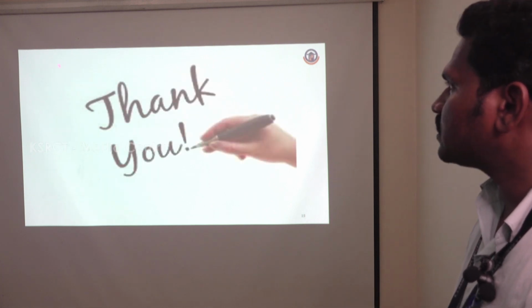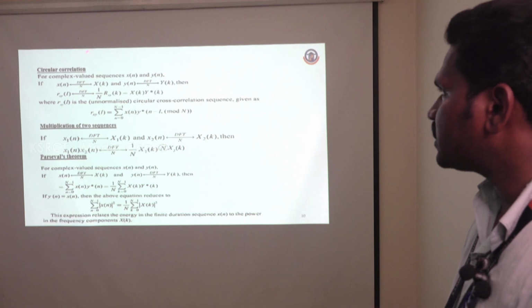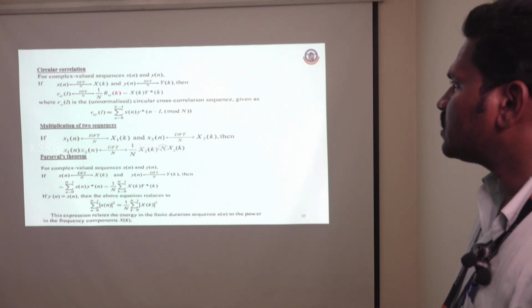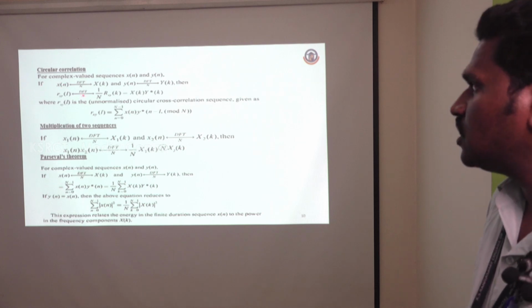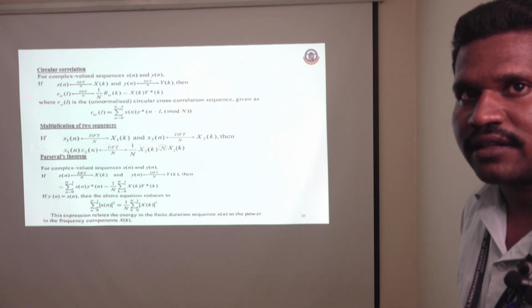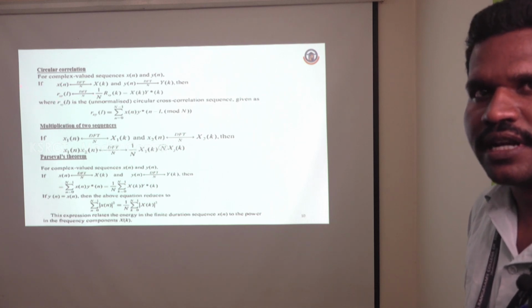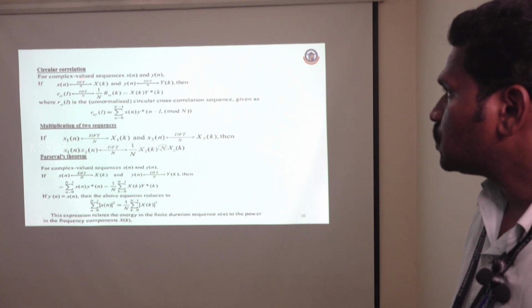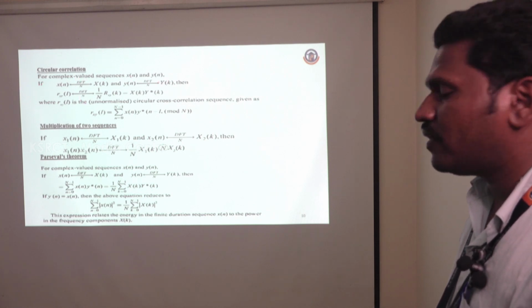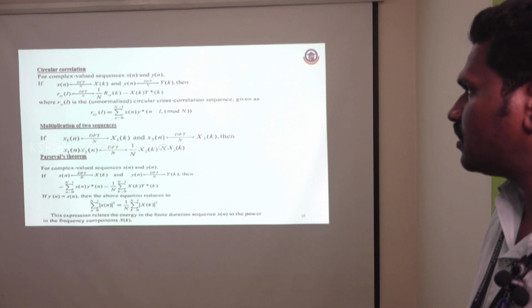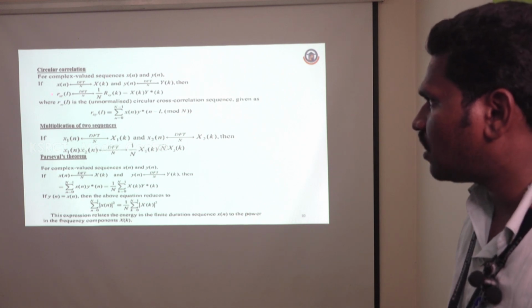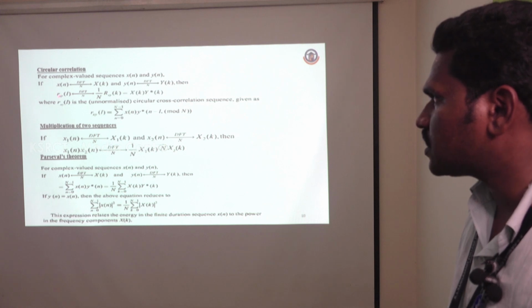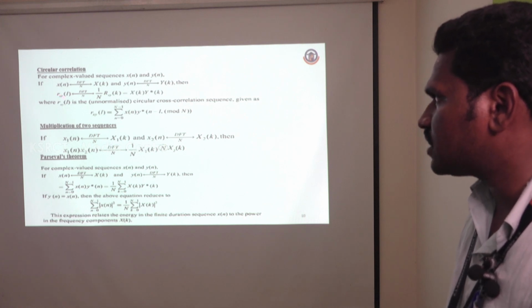And the next property is circular correlation. So what is a correlation? If two signals are taken, there is autocorrelation and cross correlation. If the same sample is taken, that is called autocorrelation. If different samples are taken, that is called cross correlation. So here x of n and y of n, we have two samples in different sequences. Therefore R, this R stands for correlation, R xy of l, that is called cross correlation.